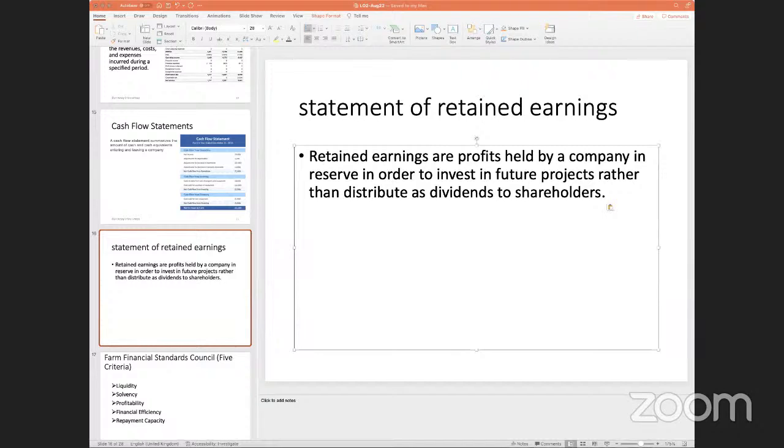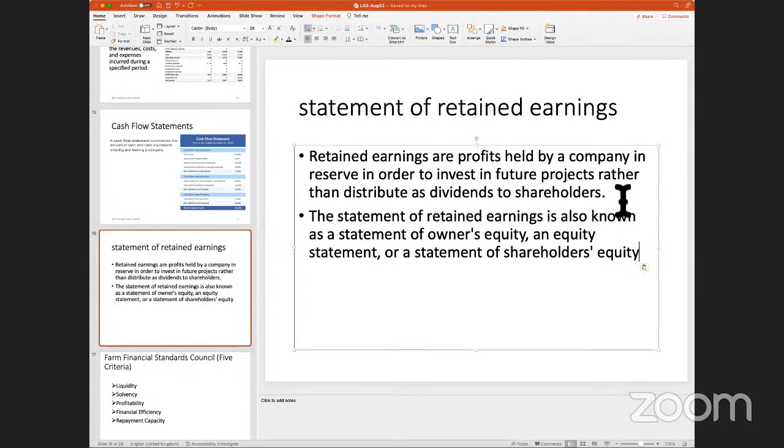Now, the statement of retained earnings is also sometimes called the owner's equity statement, or an equity statement, or a statement for shareholders, because this will show the amount of money which is left in the company, and that would be utilized by the company to pay dividends to shareholders, to investors of the company at the end of the year.